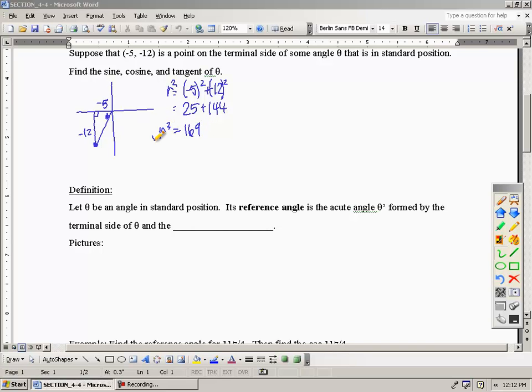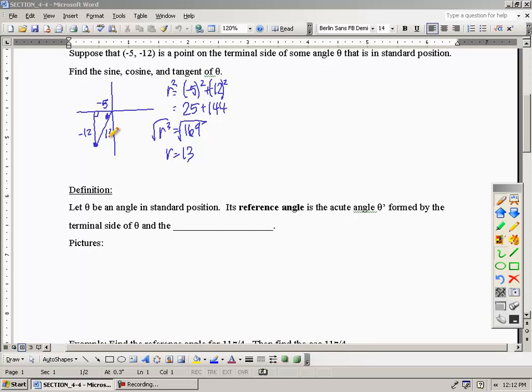And if that's r squared and I square root that, we expect that you know your perfect squares. You get an answer of 13. So I can label my hypotenuse then as 13. Your hypotenuse is a distance from the origin to that point. That should always be a positive value.